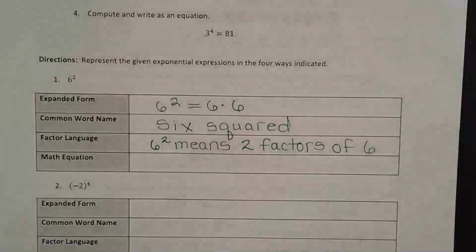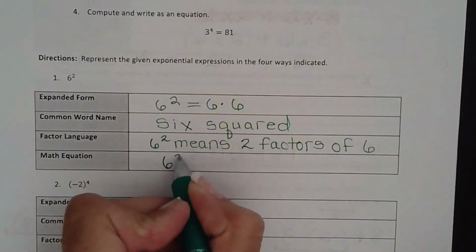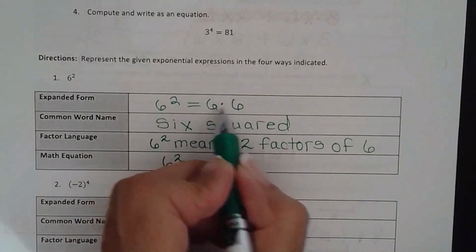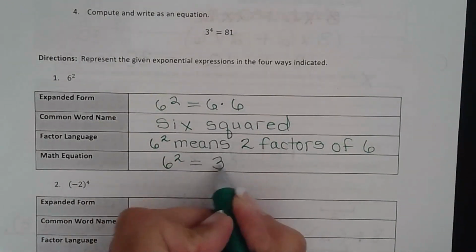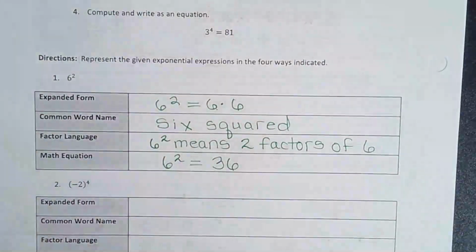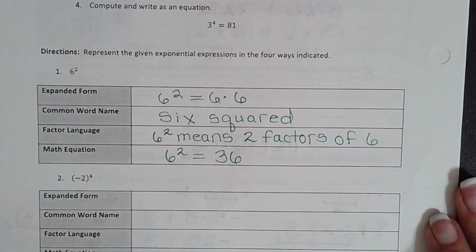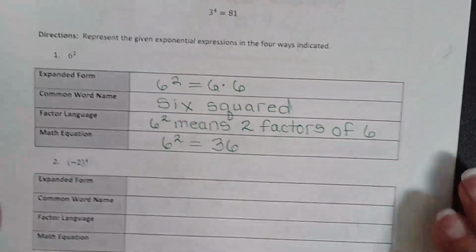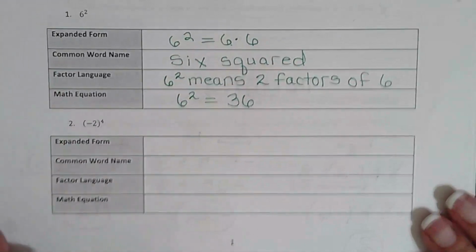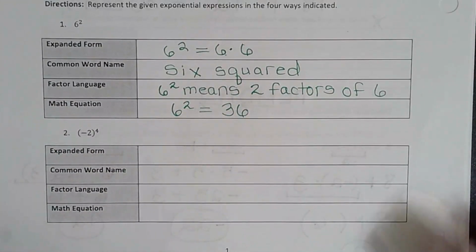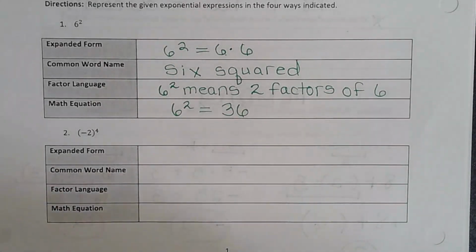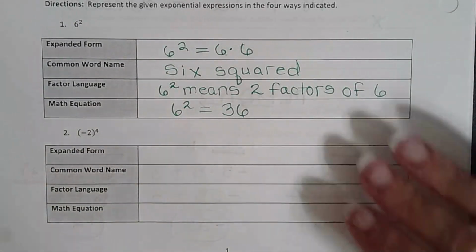And the math equation, 6 to the second is 6 times 6, 36. Okay, so follow that example and you guys do the next one. And then shut off your video and come back when you're done and we can compare answers.